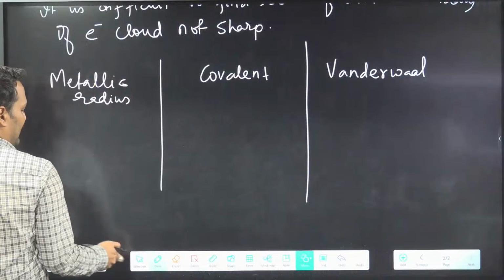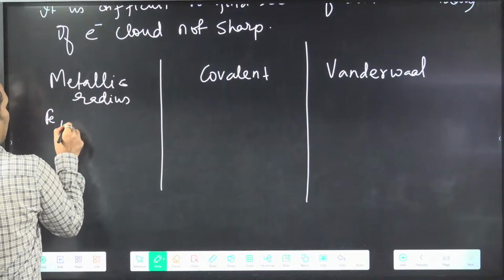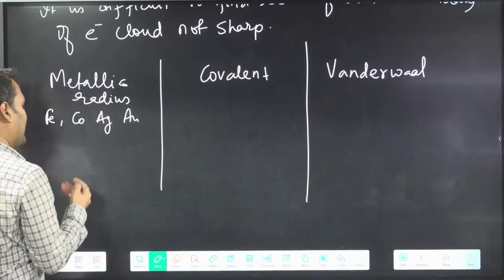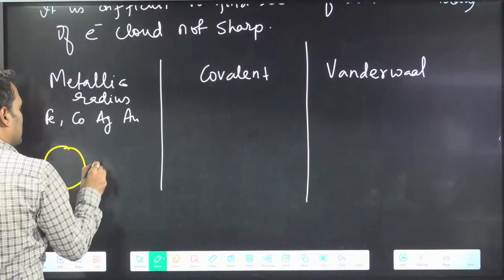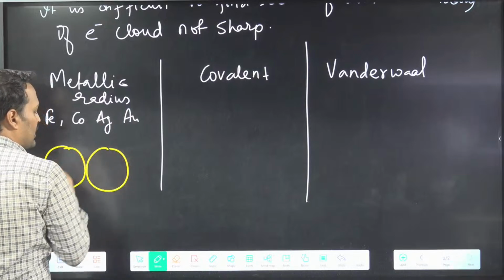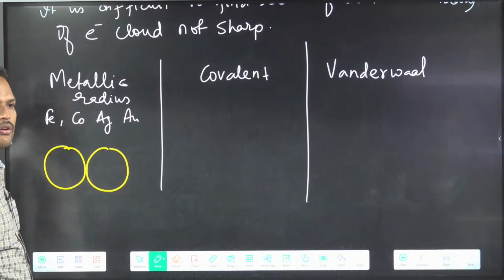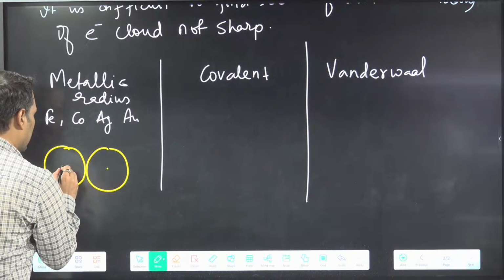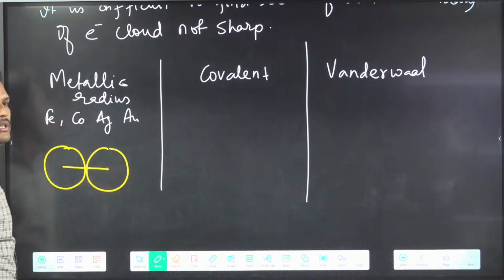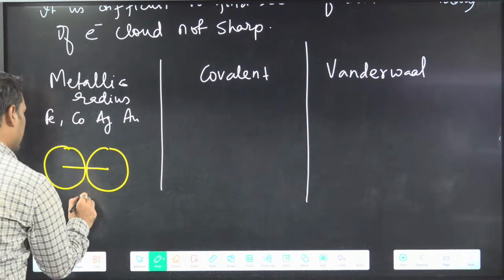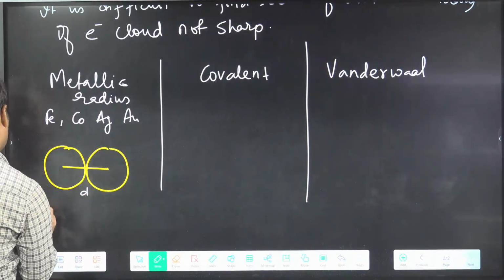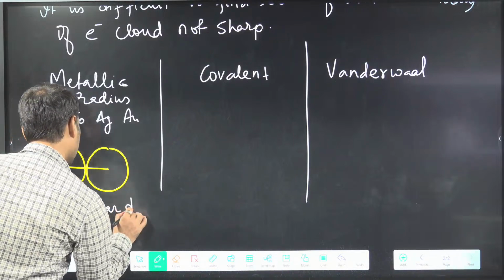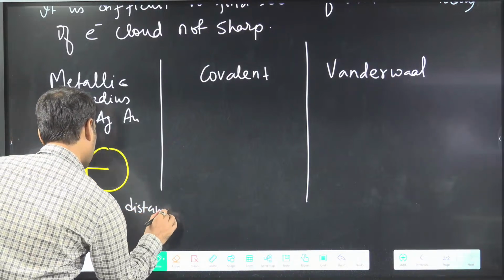Now let's see what is happening. When we talk about metallic radius, we'll take some metals like iron, cobalt, Ag, Au. I will take one atom of iron, another atom of iron, and touch them together. See everyone on the board, touch them together. Now connect their nuclei. This is known as D. What is D here? What will you call D? Internuclear distance. Clear with this point?